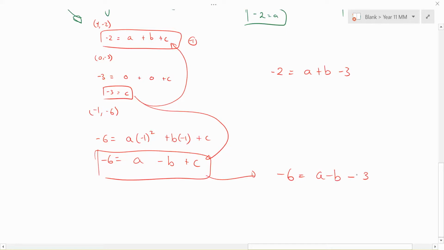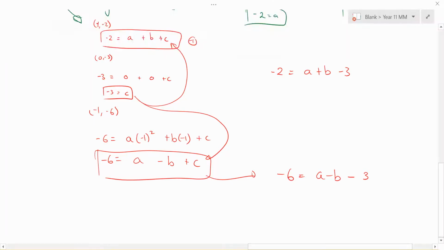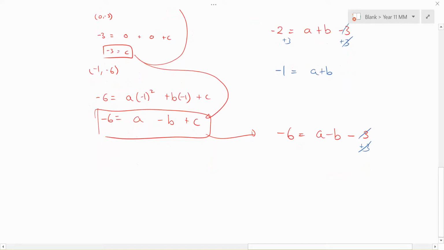You've got two unknowns, and in order to solve this, what we're going to do is add 3 on both sides here. Just collect all the numbers together, and what we get is negative 2 plus 3 is negative 1 equals a plus b. And in this one, adding 3 becomes negative 3 equals a minus b.